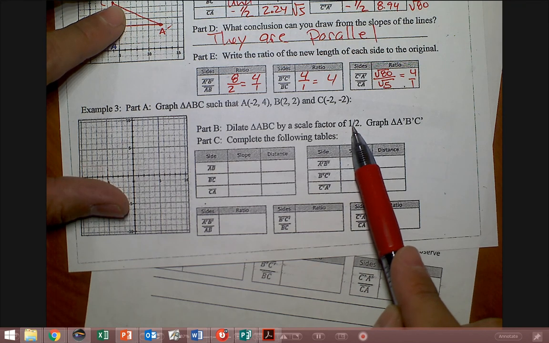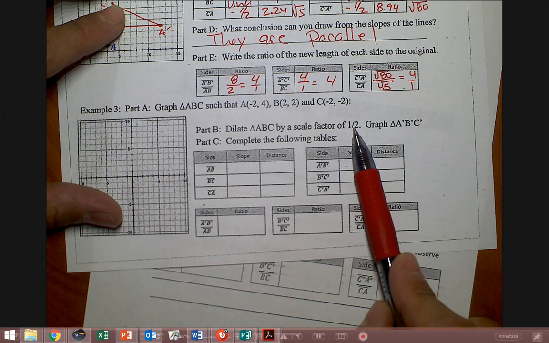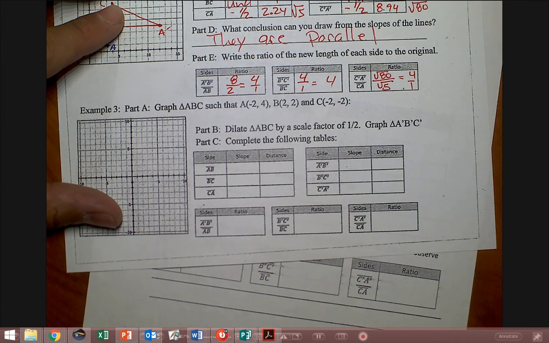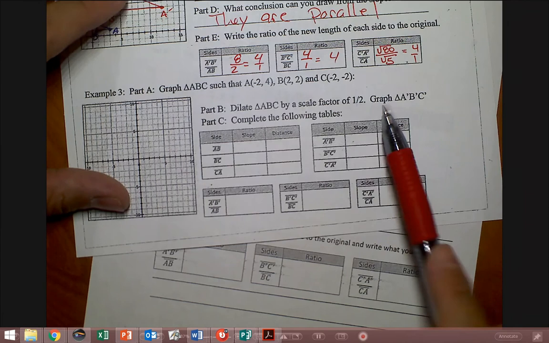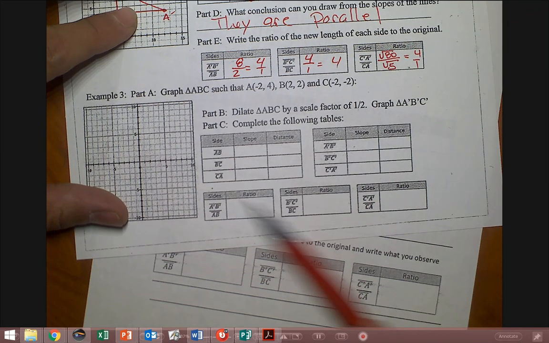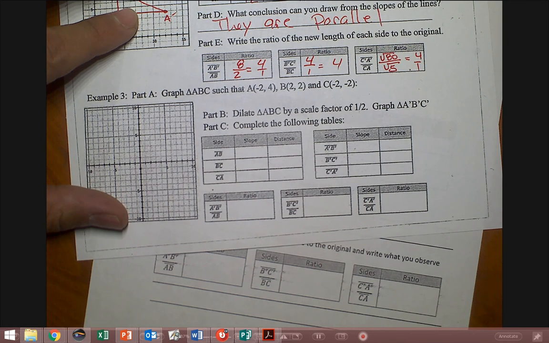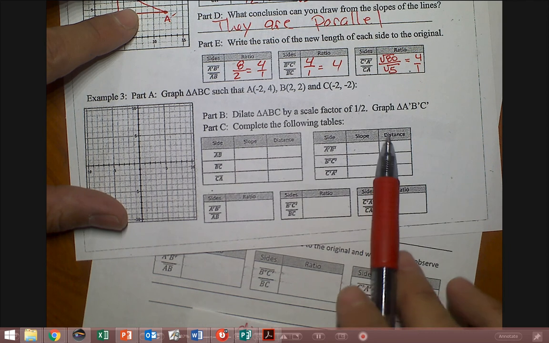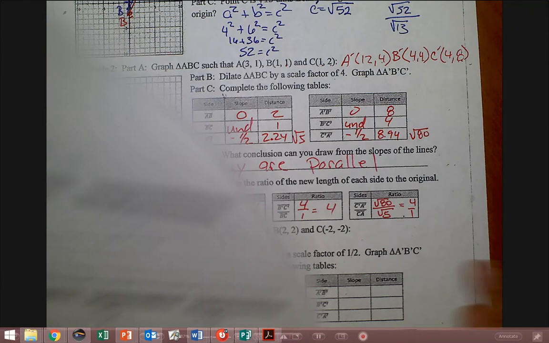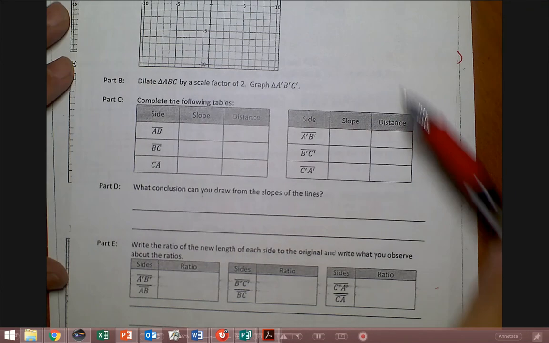If you remember from yesterday's notes, if you multiply it by a number that's more than 1, what's going to happen? It's gonna enlarge it, and if it's less than 1, it shrinks it. Very good. So you're going to do the same thing given the shrink. The shrinkage, I guess you could say. All right. So you're going to have to finish this one for your notes, and then your practice is almost exactly the same.